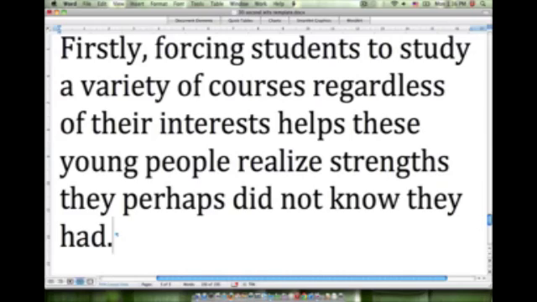So by pushing young people to study certain subjects, you can help them to realize perhaps things that they are good at that they did not know that they are good at.